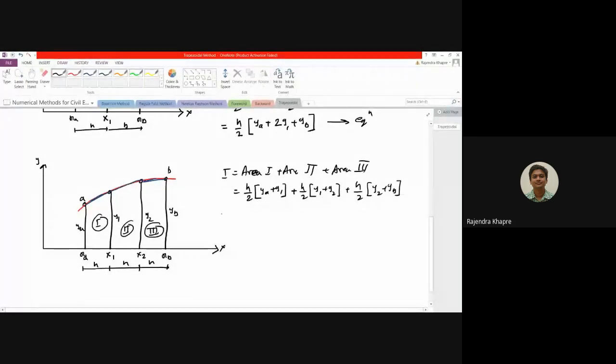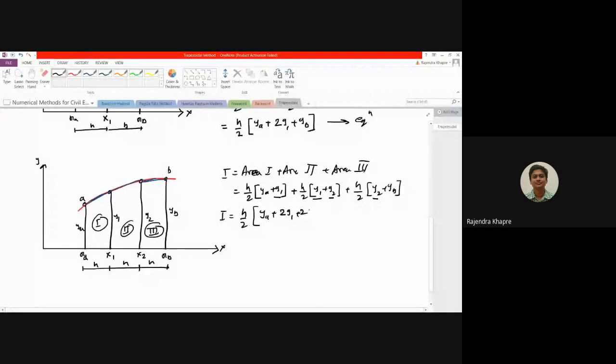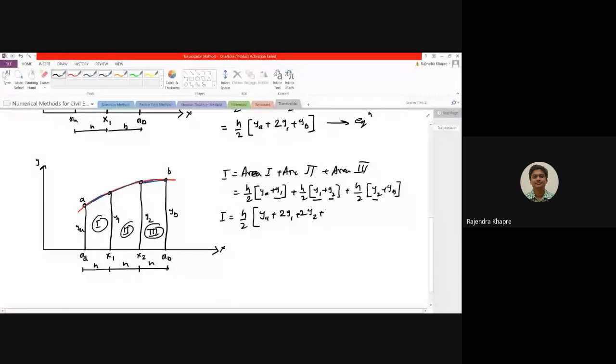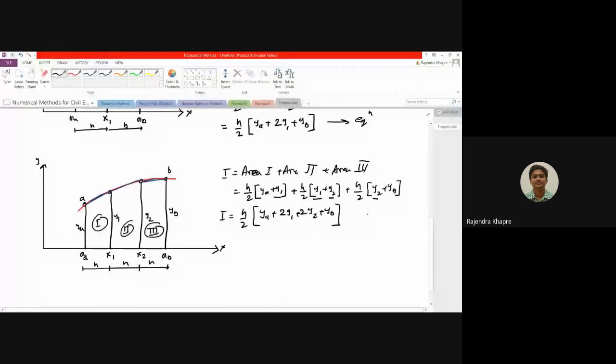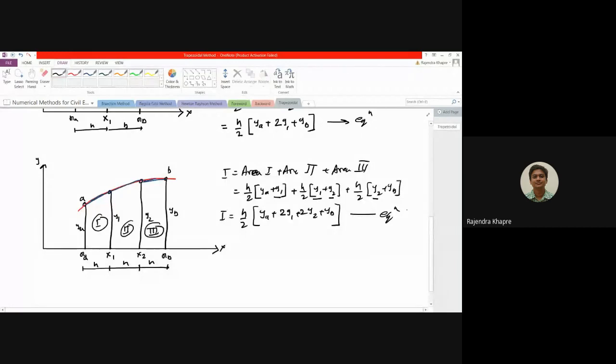If you rewrite all these expressions, you have one y1 and another y1, which is common, and y2 and y2, which is also common. So h by 2 into ya plus 2 times y1 plus 2 times y2 plus yb. This is another equation of the trapezoidal method for numerical integration.